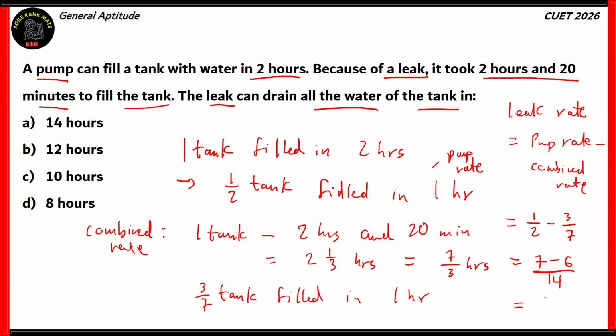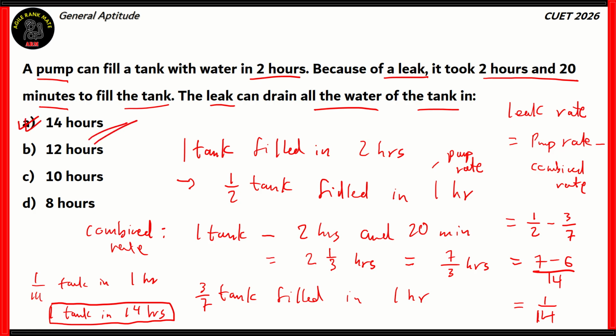So the leak rate will be 1/14, that means 1/14 tank in 1 hour. When we take the reciprocal, it'll be 1 tank in 14 hours. So option A, 14 hours, turns out to be the right option.